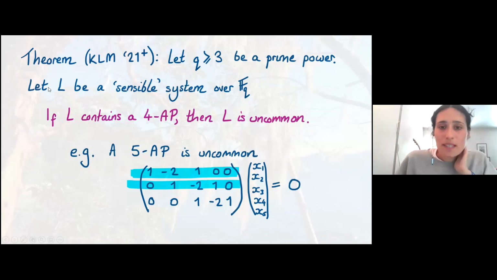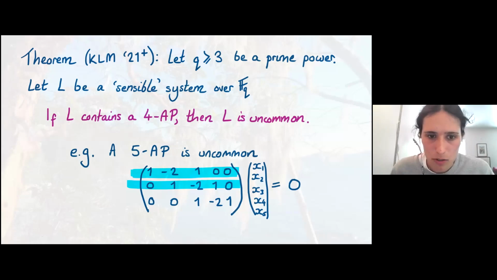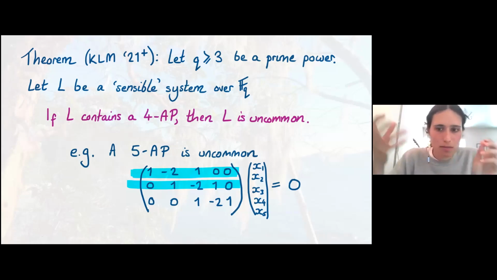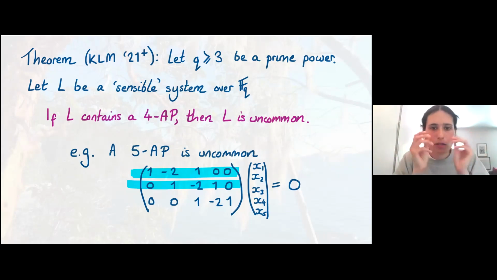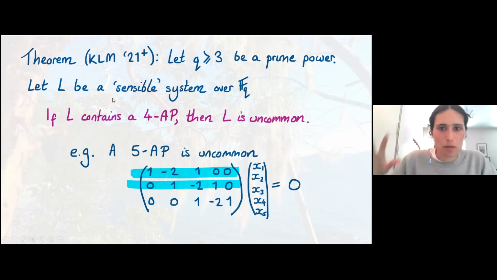So I've said let L be a sensible system over F_q. Sensible in the sense that I mentioned earlier: there are sort of silly things you can do, like if you add an equation x1 equals x something new, these trivial dependencies, if you add a new variable and make it equal to your previous variable, it's not particularly interesting. So sensible just means let's remove silly things that you probably wouldn't want to think about anyway. So if L contains a 4AP, then it's uncommon.